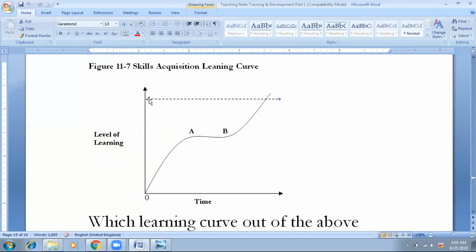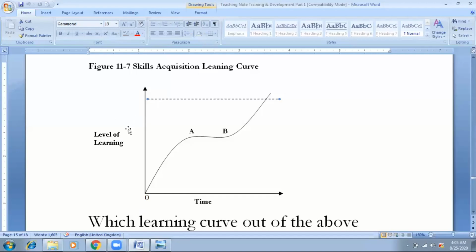Assume as far as your lectures of HRM are concerned, at least 13 lectures. That's the knowledge for 13 topics, the expected level of learning.